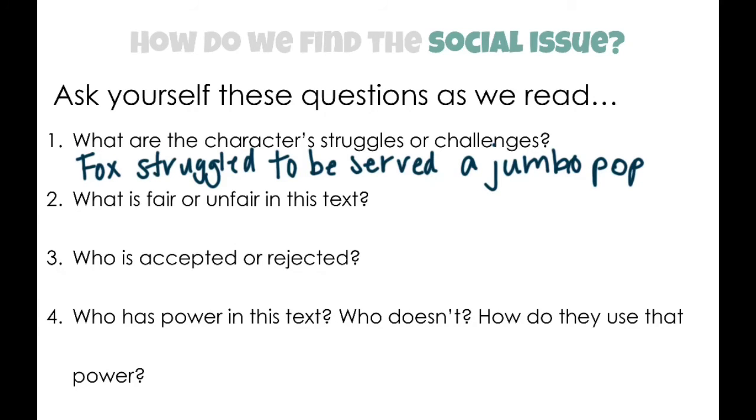Okay. What is fair or unfair in this text? Well, there wasn't really anything fair, but there was something unfair. So when we think back, it was unfair that they wouldn't serve him because he was a fox.